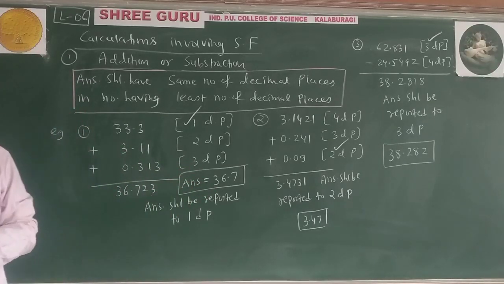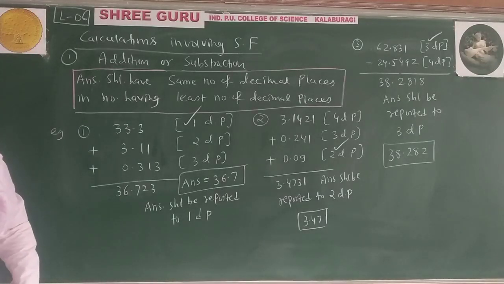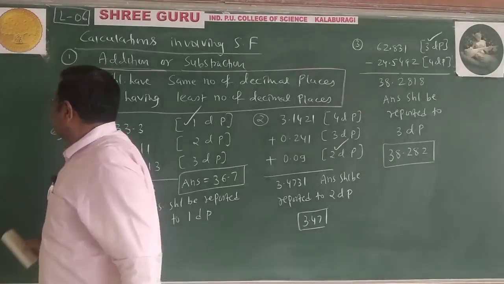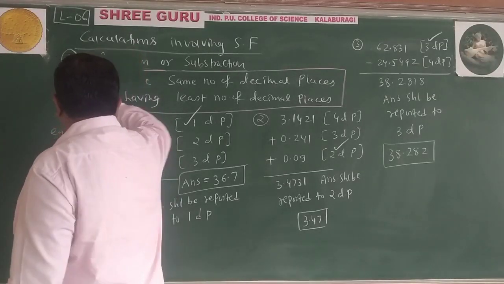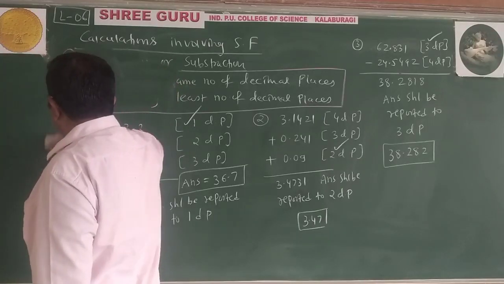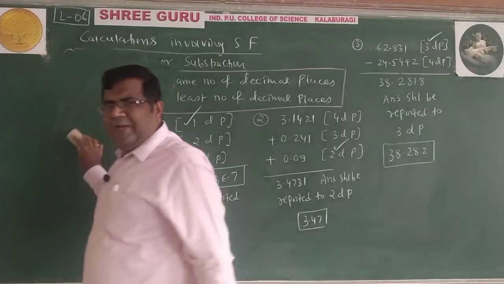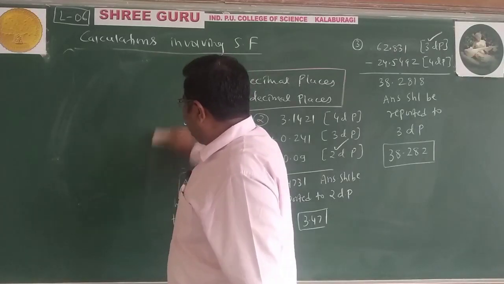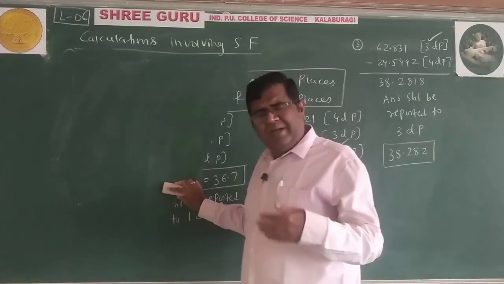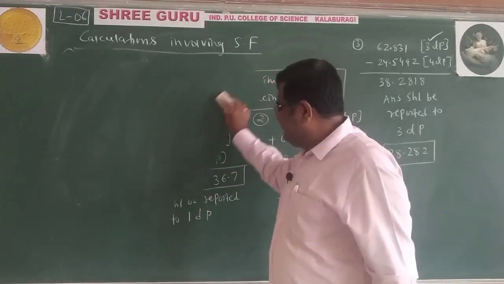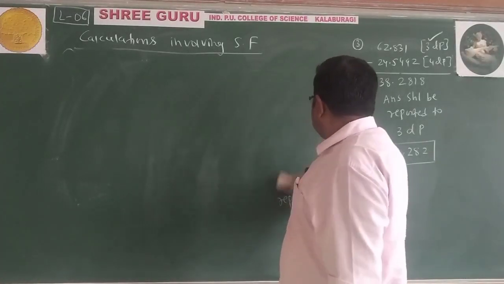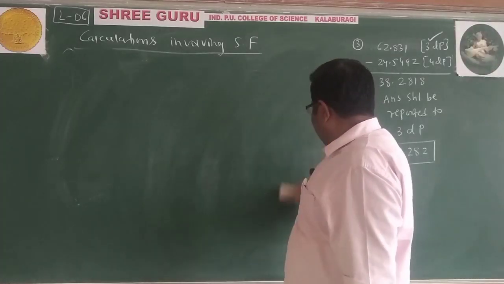Now we'll see the rule of multiplication and division. It's different from addition and subtraction. You can pause the video and complete the example. The calculations are not important. Calculations are done by calculator, but the number of decimal places must be counted and the answer reported correctly.